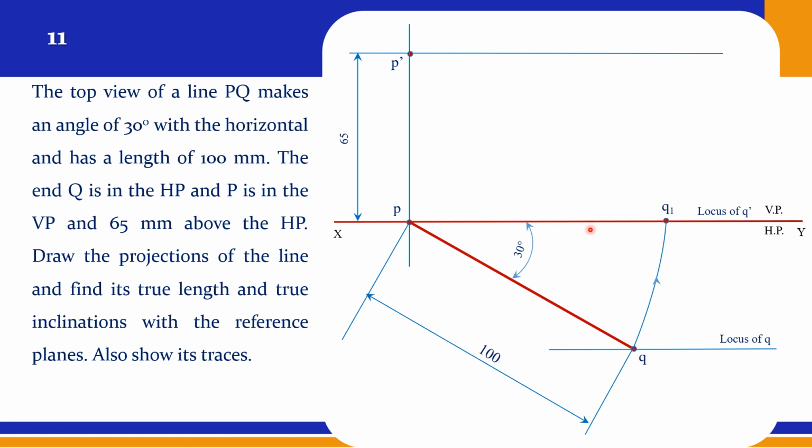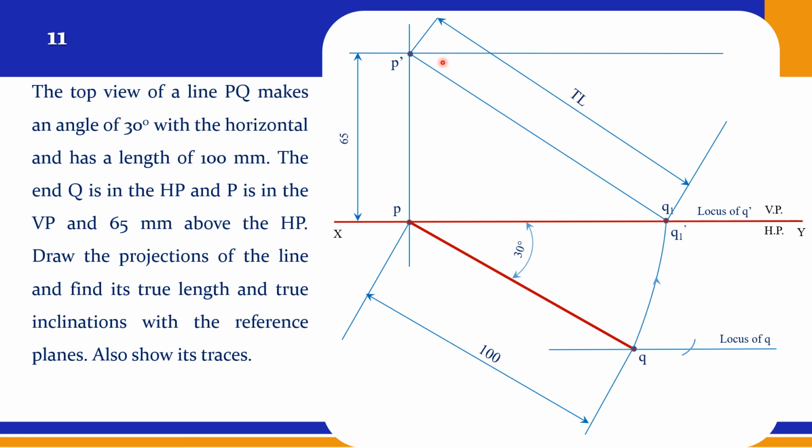Since Q is on HP, this will become your Q dash, the locus of Q dash. From here you draw a thin line to join P dash, and this will become your Q1. So this is your true length.